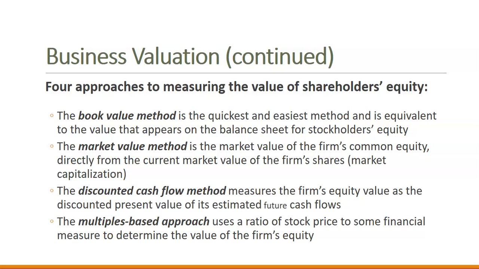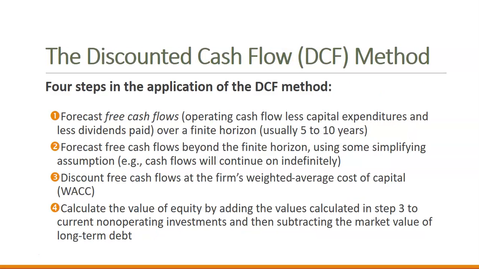So we're going to talk about a couple of these methods. First, the discounted cash flows method. So when we're using the discounted cash flows method, we are going to forecast future free cash flows for a 5 to 10 year period. Then we're going to forecast the free cash flows beyond that horizon using some kind of an assumption.